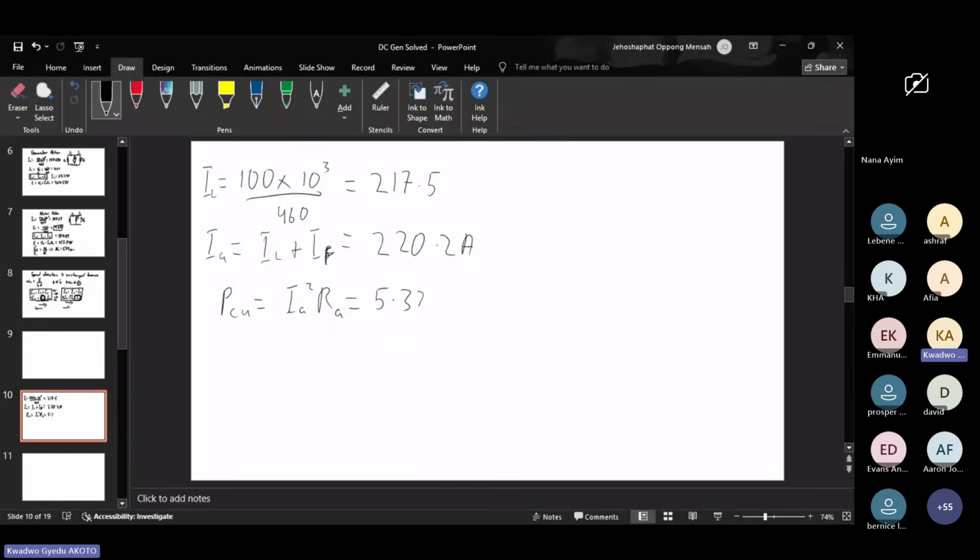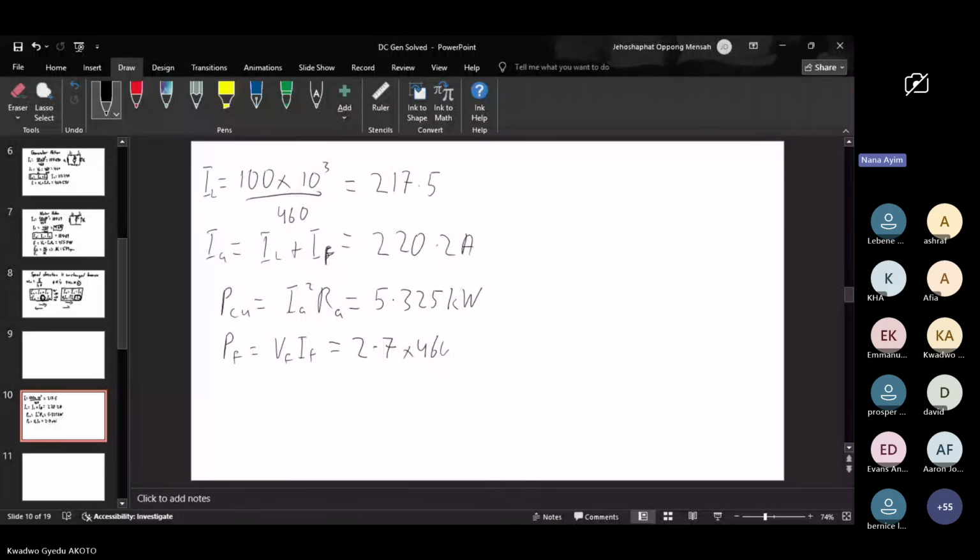And the losses in our shunt circuit, so the losses in our field, is just going to be P is equal to VF IF, right? And VF, we know VF is the same as our terminal voltage, right? Shunt generator. VF, voltage in our field, is the same as our terminal voltage. So we are going to have here 2.7, which is our shunt field current, times our terminal voltage 460.